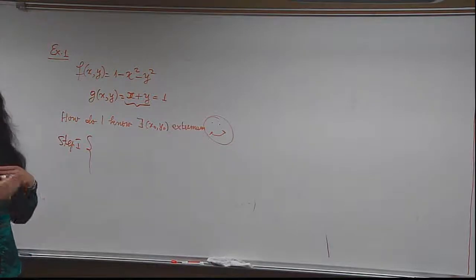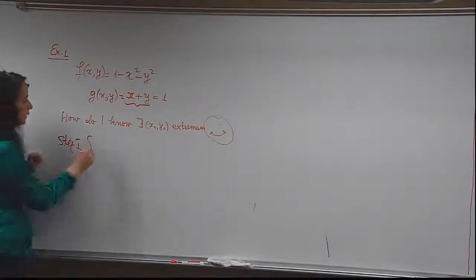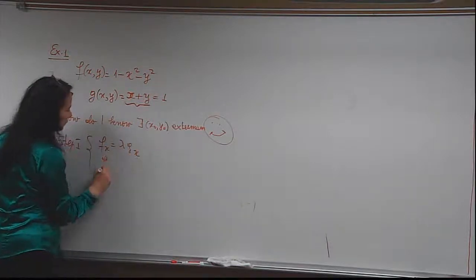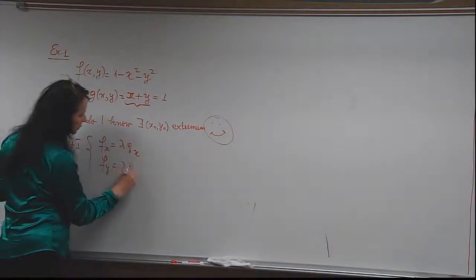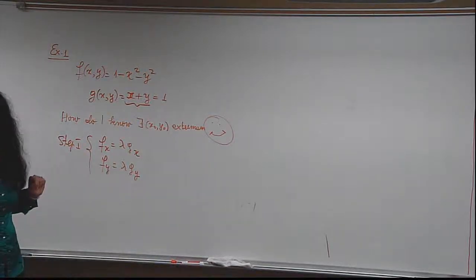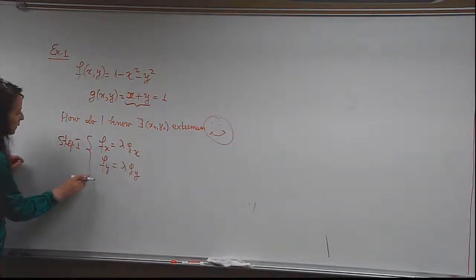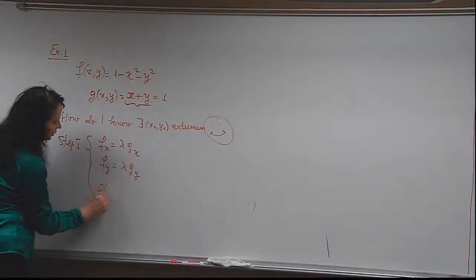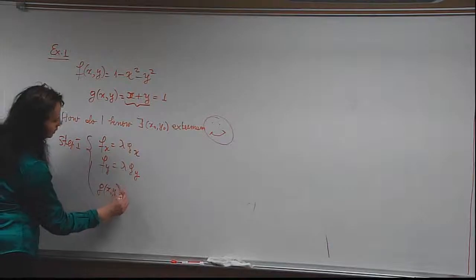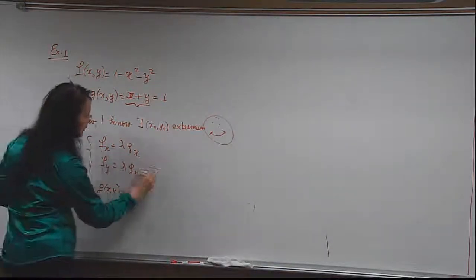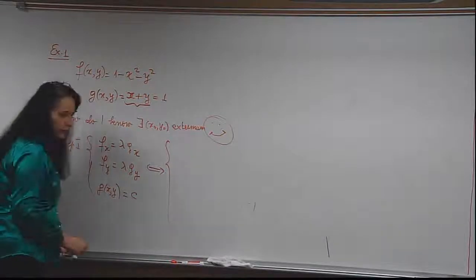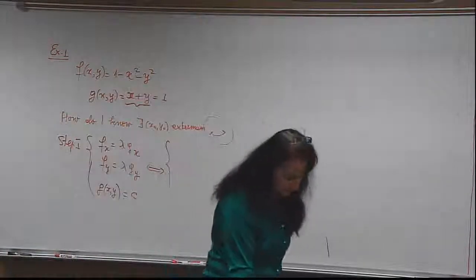And the proportionality factor is lambda, so I do f sub x equals lambda g sub x, f sub y equals lambda g sub y, assuming that the gradient of g is non-zero at that point where I'm looking, and assuming that g of x,y equals, guys, I'm going to write it now, but then I have to say who these guys are, because that's the important thing, and this is where I need your help.